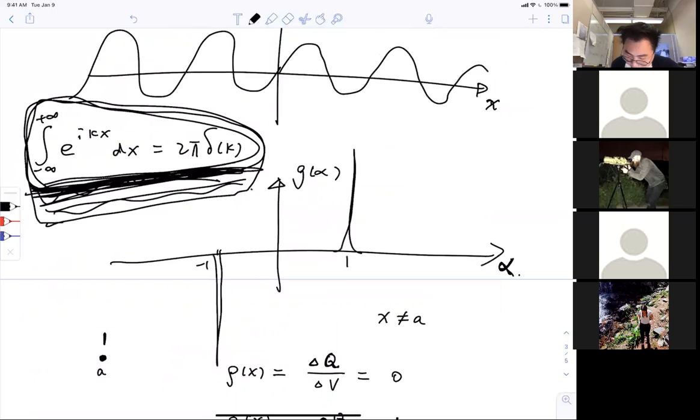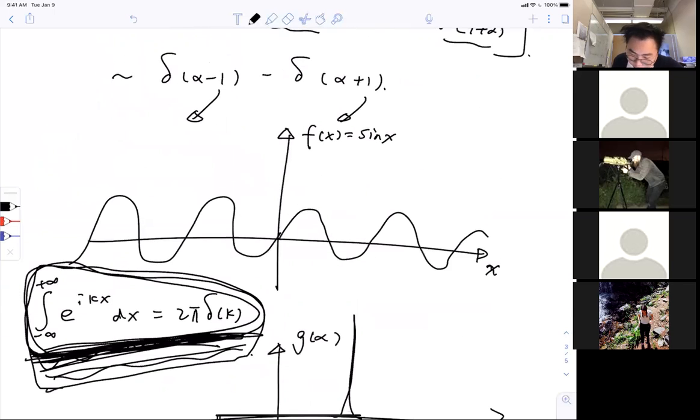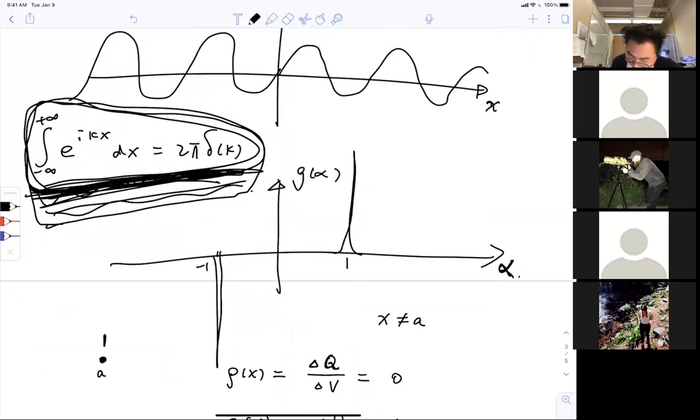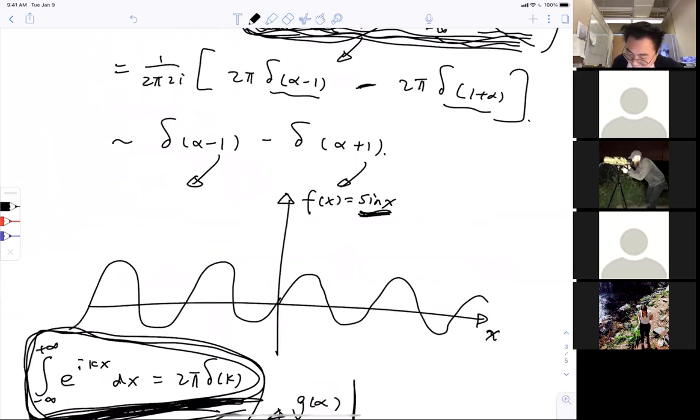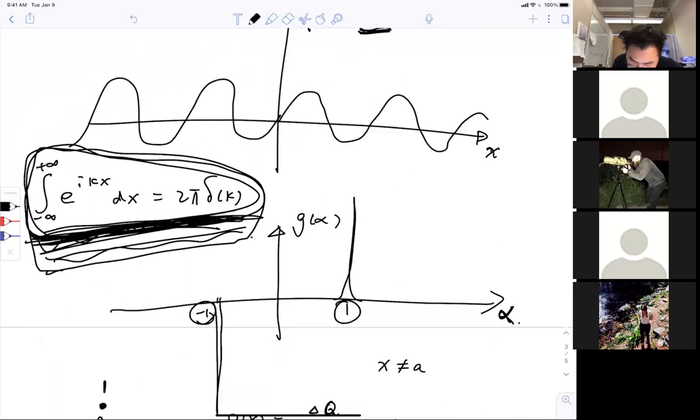What does this mean? This just tells you your original function has only frequency 1. And of course, minus 1 is there just because your original function is an odd function, so there must be a counterpart at the minus 1 place.